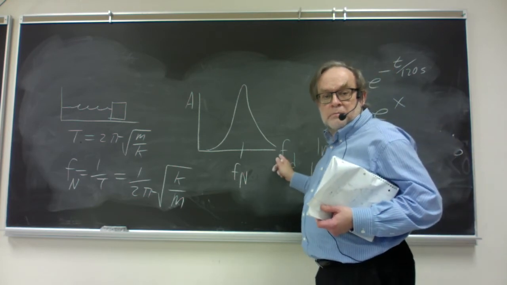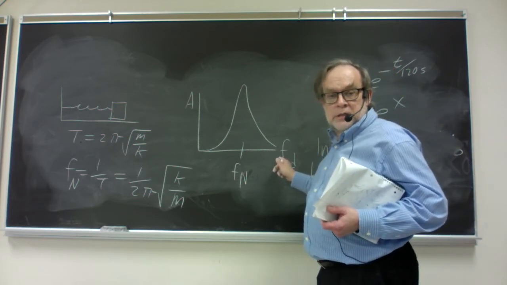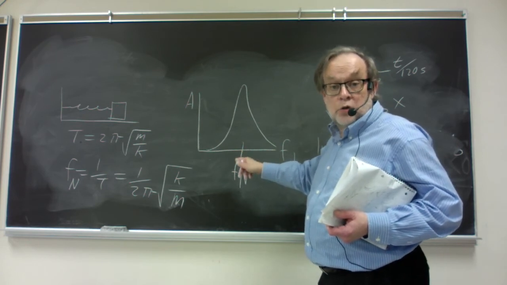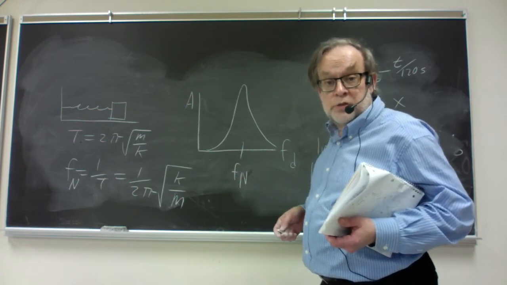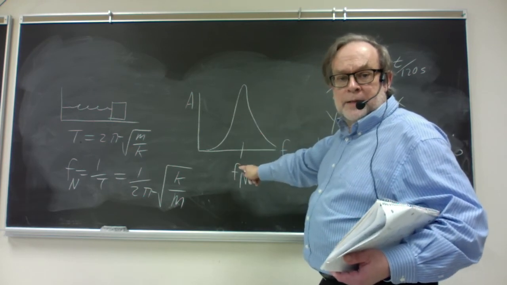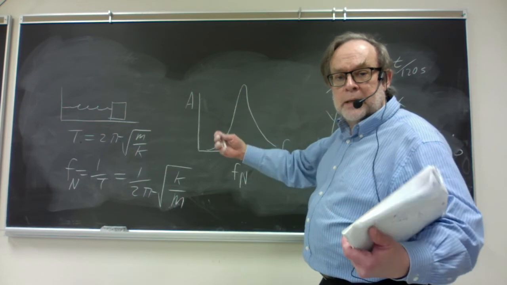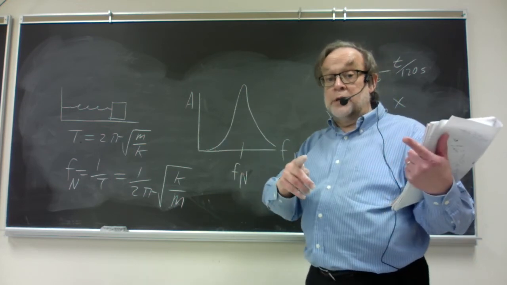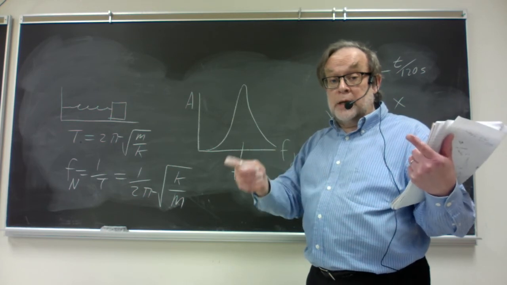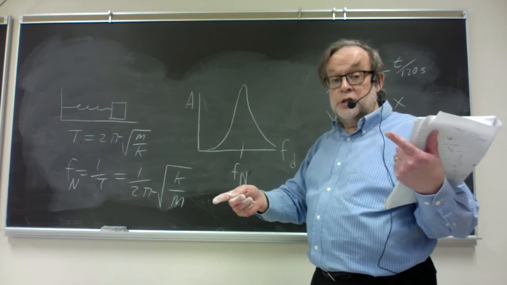Resonance just means pushing on the system to keep it going and pushing at a frequency right at or close to the natural frequency. So why does this work? Why does pushing at the natural frequency give you the big amplitude? Well, remember the connection. Amplitude squared and mechanical energy are proportional to each other.